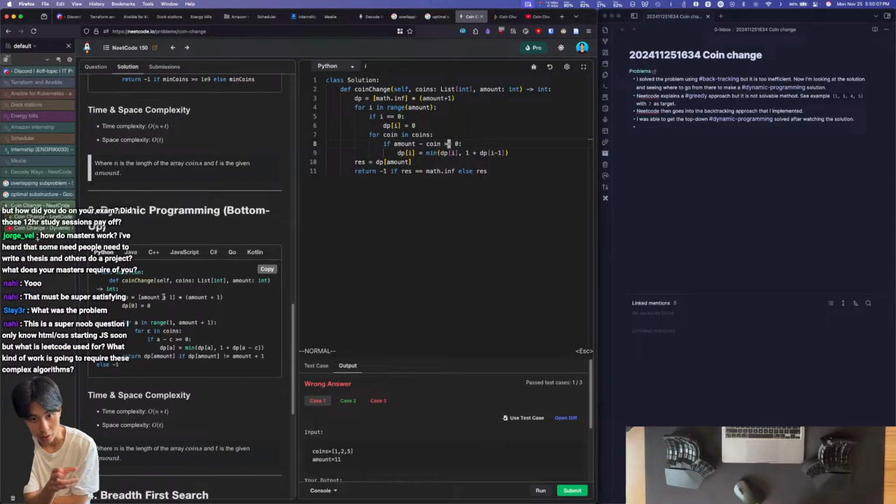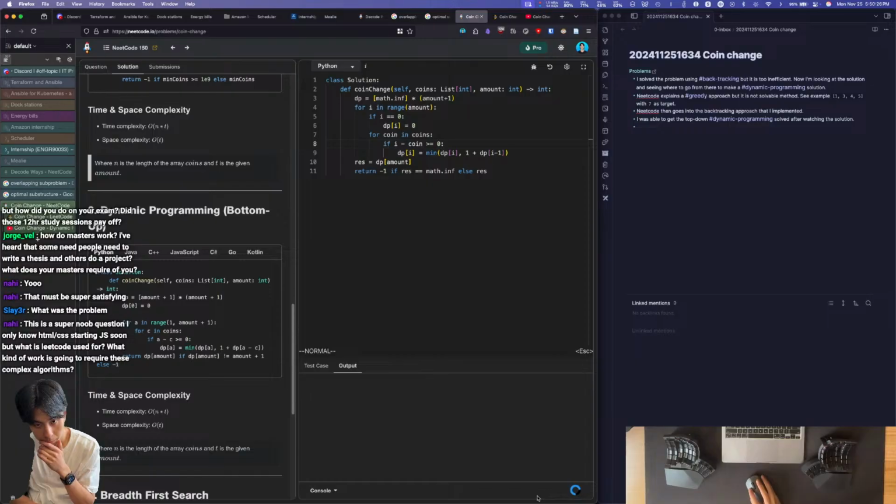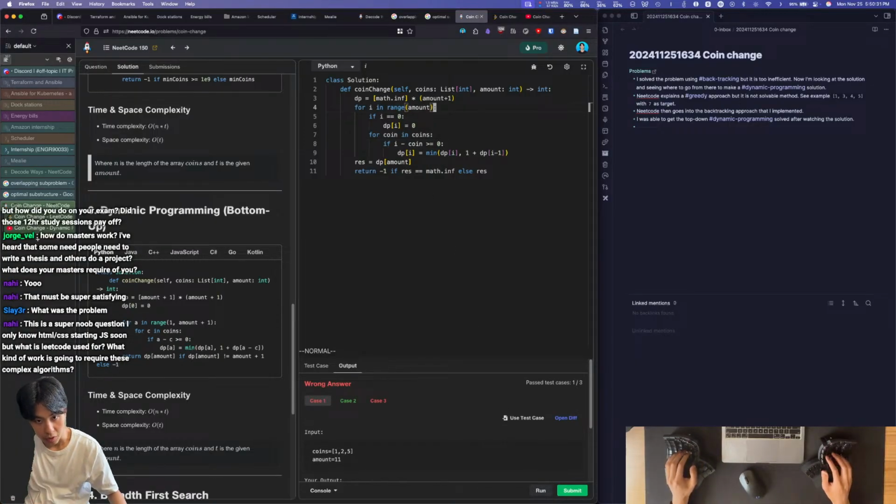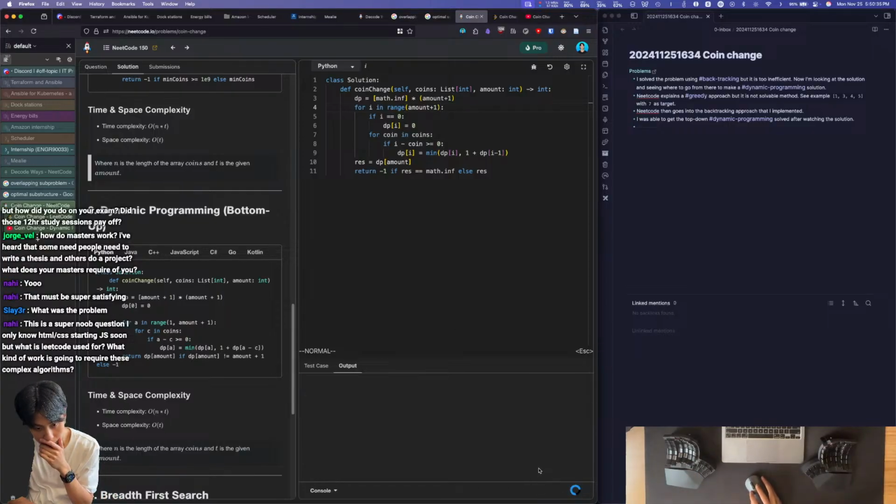So including 1 to amount plus 1. For C in coins, if amount minus, or in this case, I, I'm going to say amount plus 1. Okay.